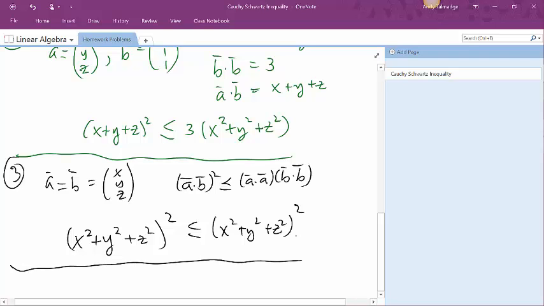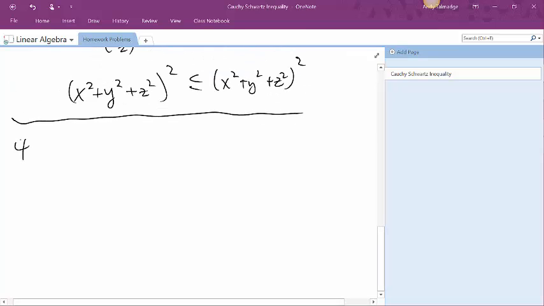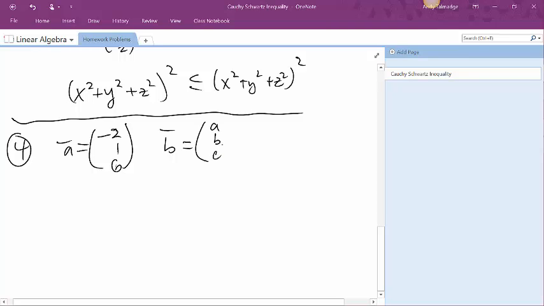Problem number 4 was find a vector so that, let's see, A equals -2, 1, 6. And we're supposed to find a B, let's call it a, b, c, so that A dot B is 0. In other words, we're trying to find a vector that is perpendicular to the vector -2, 1, 6, trying to figure out what that looks like.